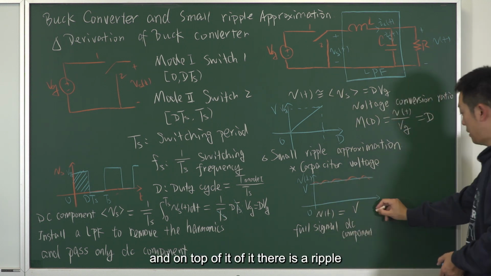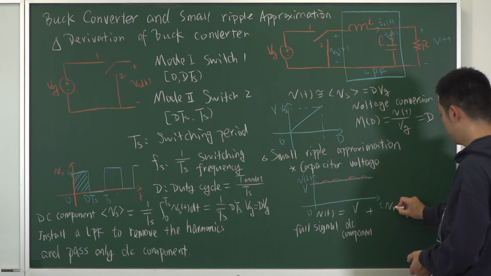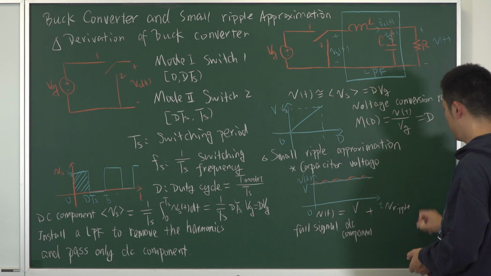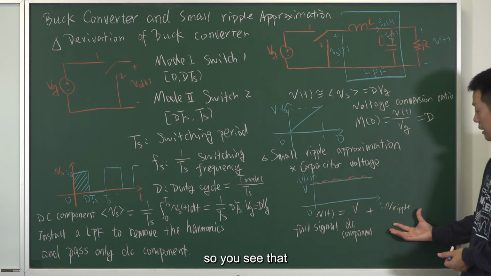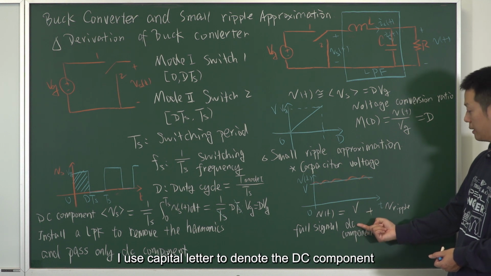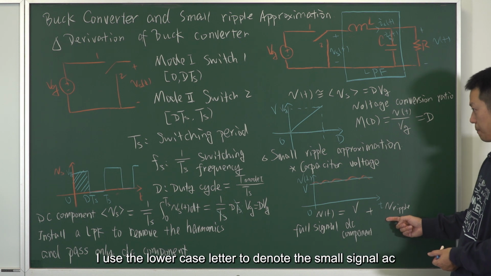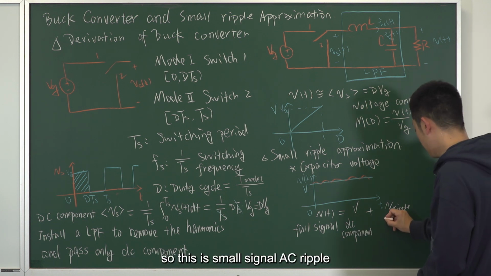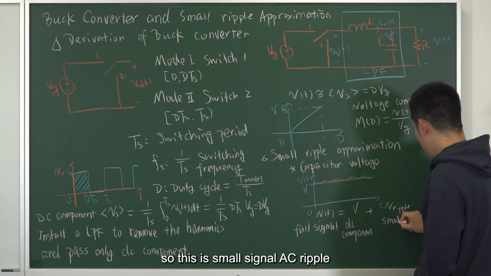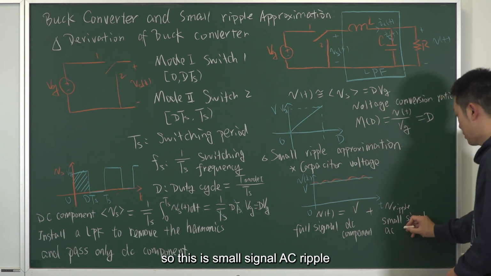And on top of it, there is a ripple. You'll see that I use a capital letter to denote the DC component and a lowercase letter to denote the small signal AC ripple.